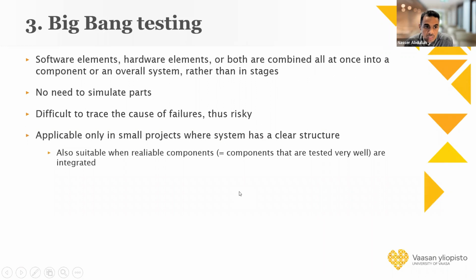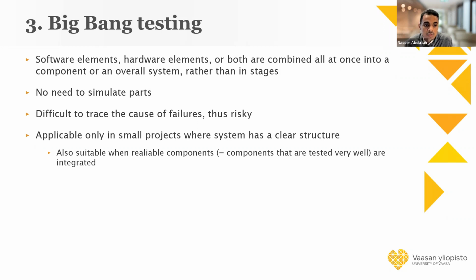So we have the last one, which is big bang testing. Big bang testing is actually testing all the units at once. We test all together. So actually, this is not practical, because later it will be difficult to locate defects.